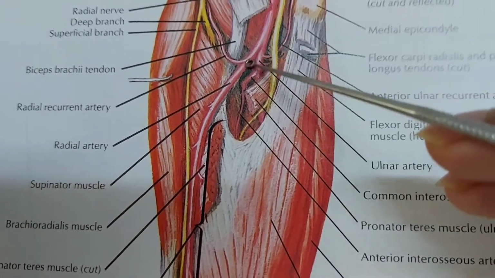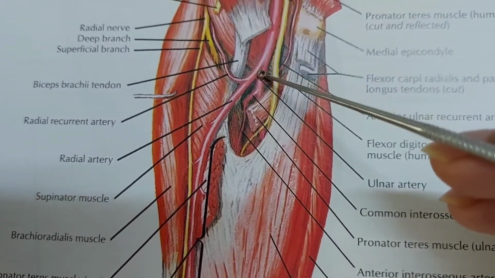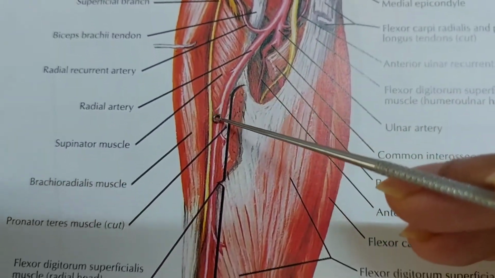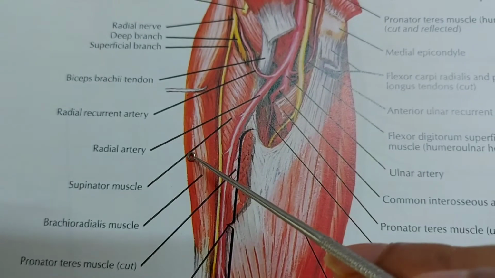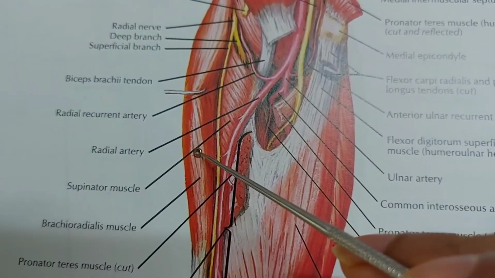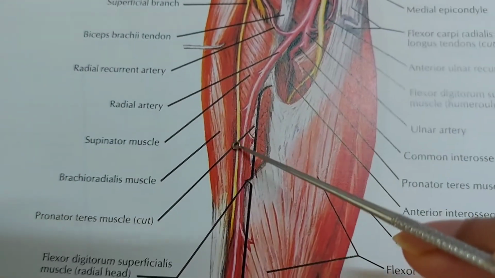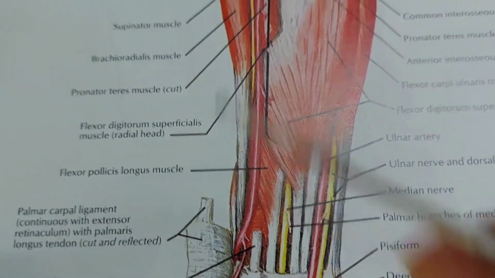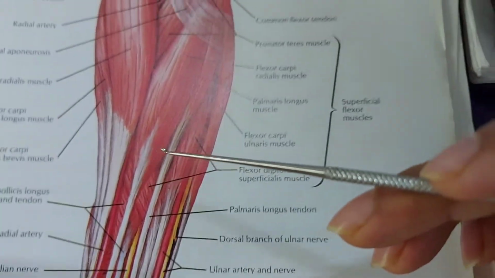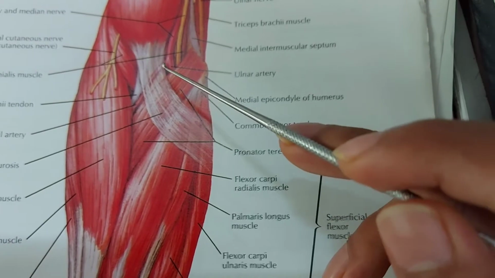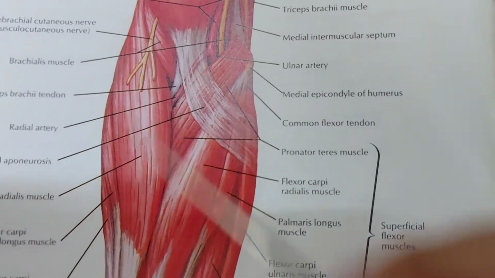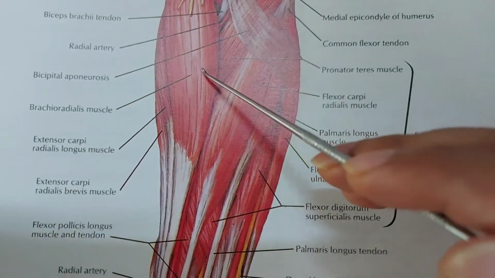The radial artery starts in the lower part of the cubital fossa, and it passes downward underneath the cover of the brachioradialis muscle toward the lower part of the forearm. Here you can see the origin of the radial artery, and it passes downward underneath the brachioradialis muscle.